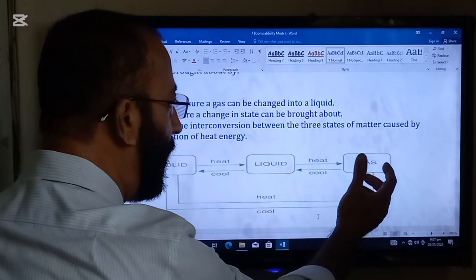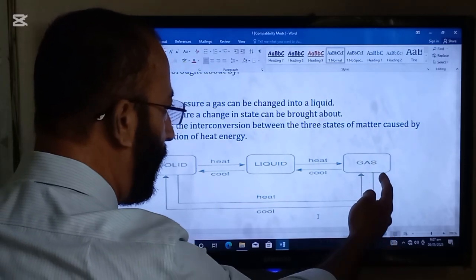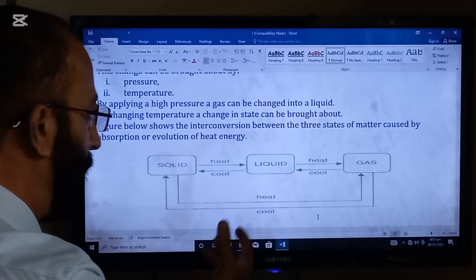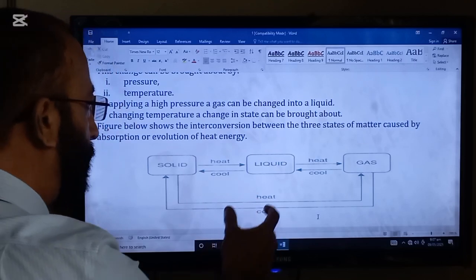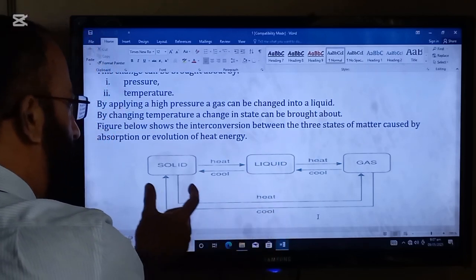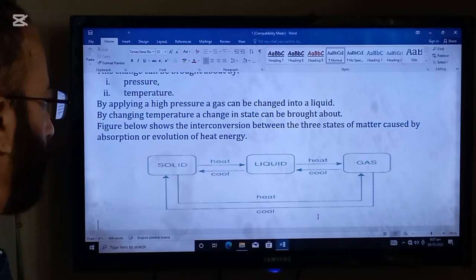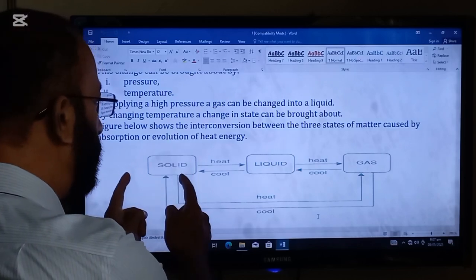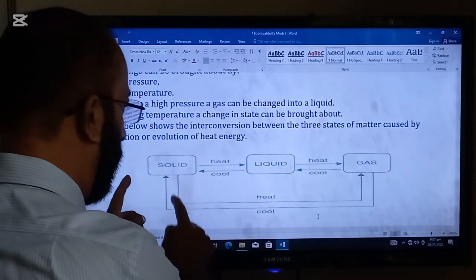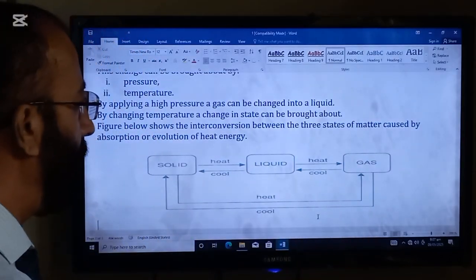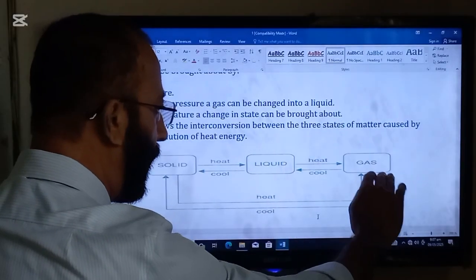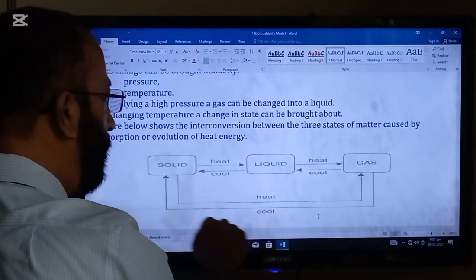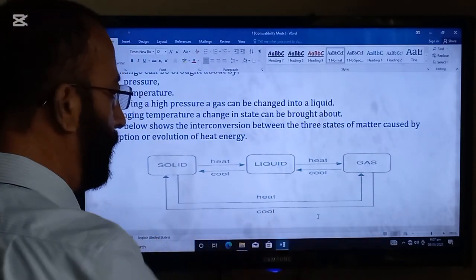And if heat is evolved, gas will be converted into liquid. If more heat is evolved, liquid will be converted into solid. Some solids are directly converted from solid to gas on heating, and some gases are directly converted from gas to solid on evolving the heat or cooling.